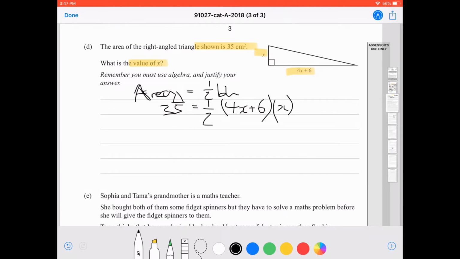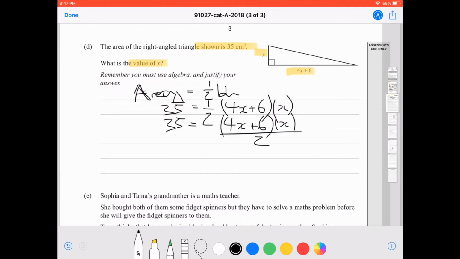Okay, so we're going to multiply through, expand our brackets, and solve for x. Our left-hand side remains the same for now, 35. Let's expand the brackets. So (4x plus 6) x, another way of writing this is over 2, and that makes it a lot easier.